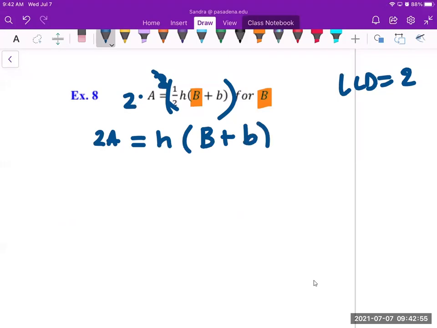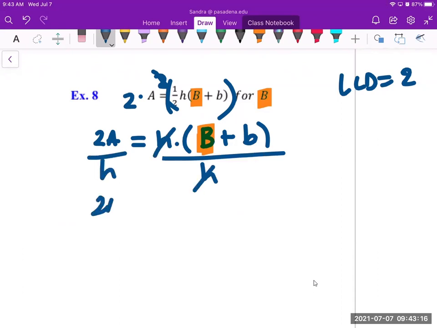Okay, now next, you can distribute if you want to. So you can distribute from here, subtract, solve for the big B. Let me go ahead and keep on highlighting my big B. But I can also do the opposite. Opposite of multiplication is division. So I'm going to divide here. 2a over h, it's equal to big B plus little b.